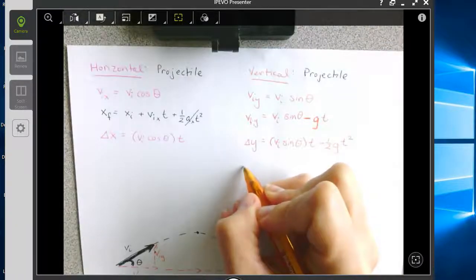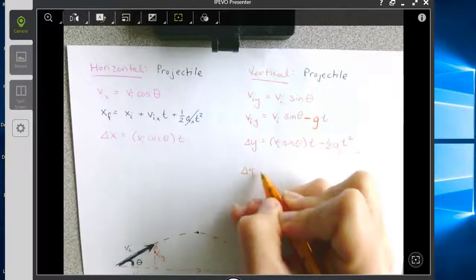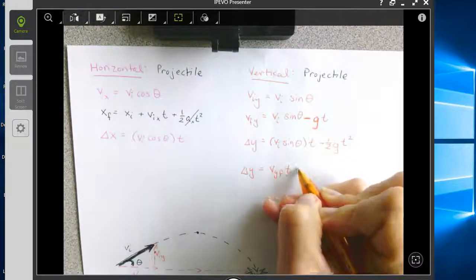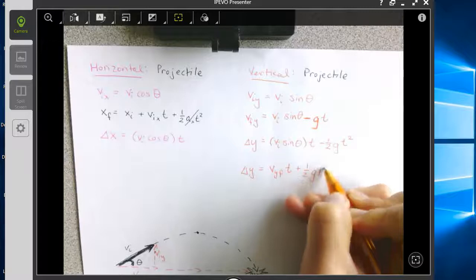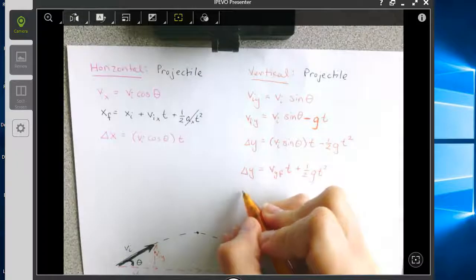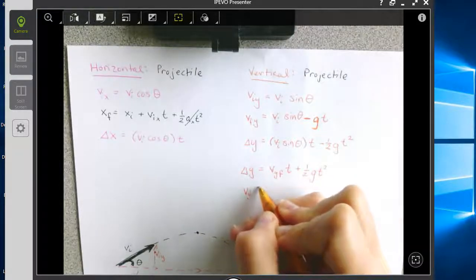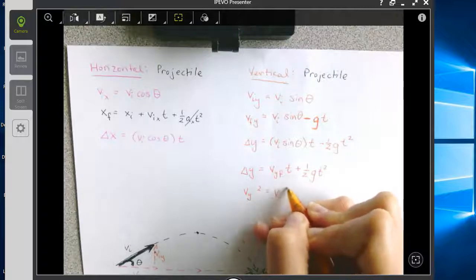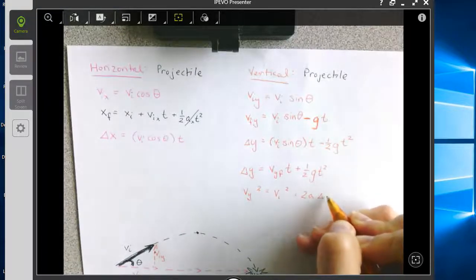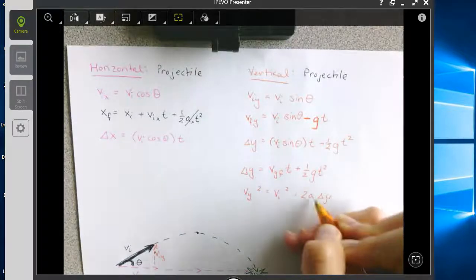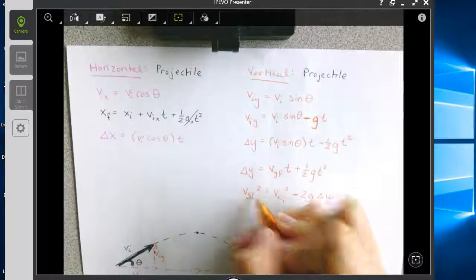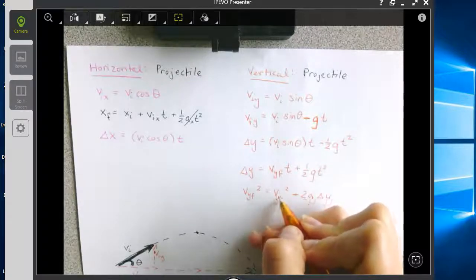If you also want to know that delta y equals VFY t, whatsoever it may be, plus 1/2 g t squared, note the sign change from VIY to VFY, that equation will still work, as will VFY squared equals VIY squared plus 2a delta, well, it used to be delta d, now it's delta y, and in the y direction acceleration is negative 9.81, but all these have to be tagged with a letter y.